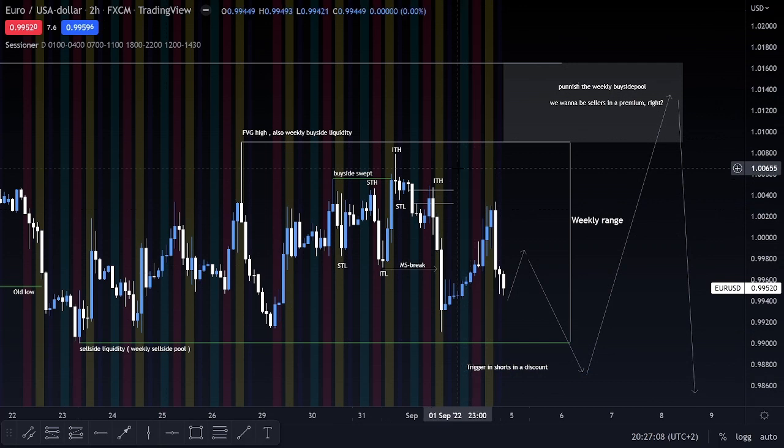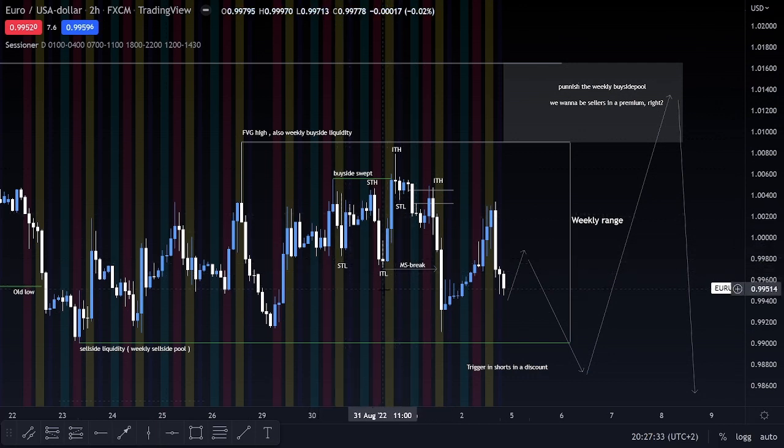We know that this high is an intermediate term high because it has rebalanced old imbalance, and after that price sold off hard, broke below this low here, which is an intermediate term low. Intermediate term low, why? Because we have a short-term low here and we have a short-term low here.